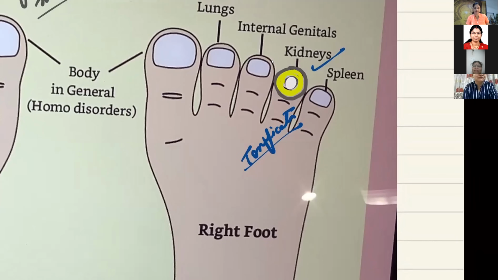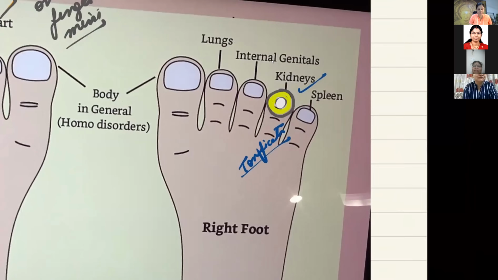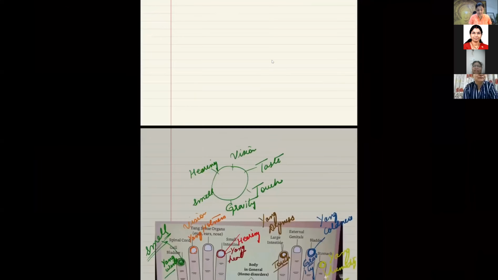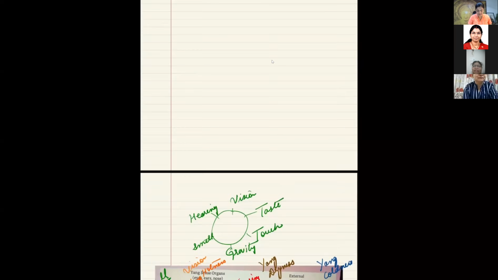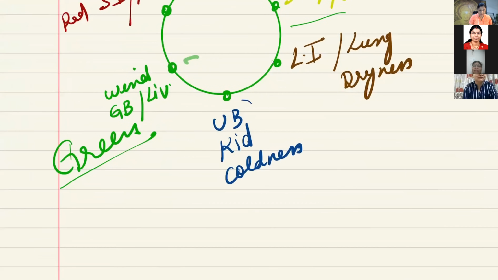This is tonification. But if there is some inflammation in kidney, hyperactivity, then what is the color? Let's talk about color also. Color of kidney, as we discussed here, color of kidney is here, you see blue. Kidney color is blue.